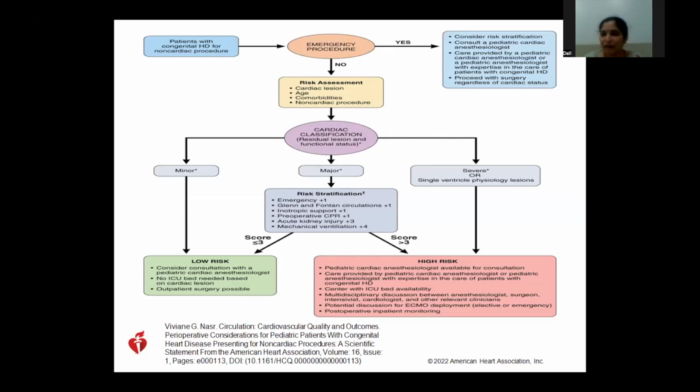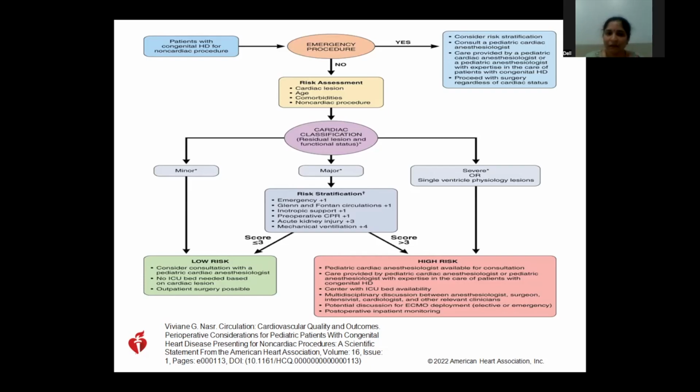A pediatric cardiac anesthesiologist is very necessary to manage these cases because they are well versed with the pathophysiology, and they are used to the techniques of putting in invasive lines and managing things. So if you have a pediatric cardiac anesthesiologist available, you have to include them at every stage to manage these patients.